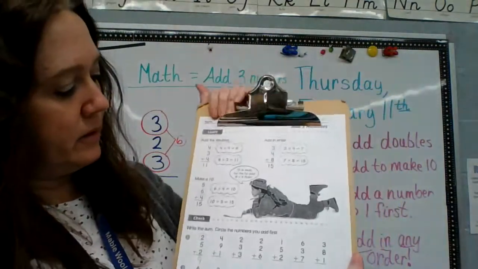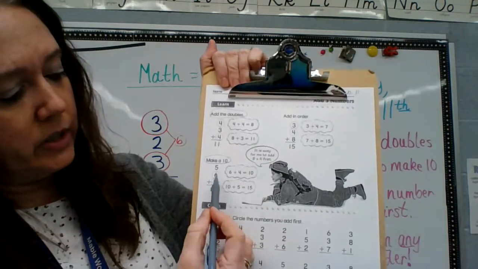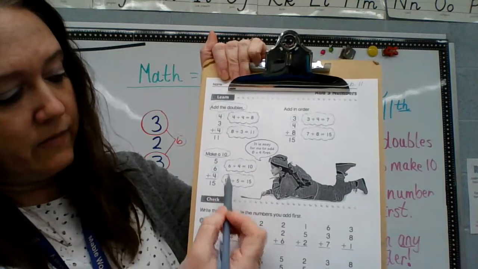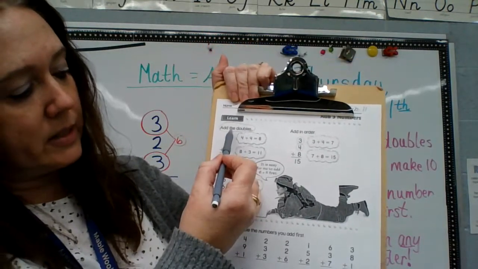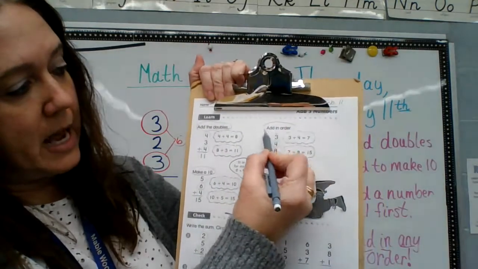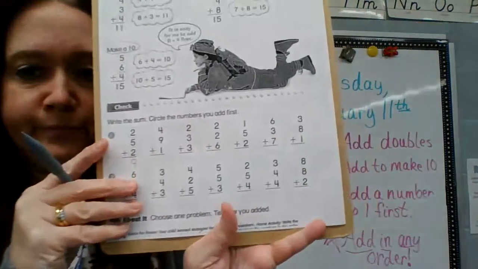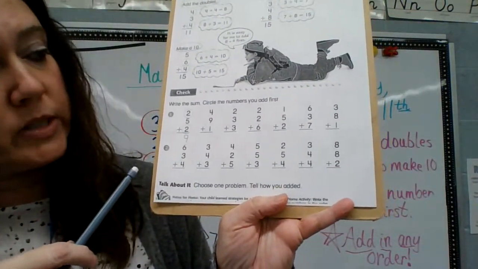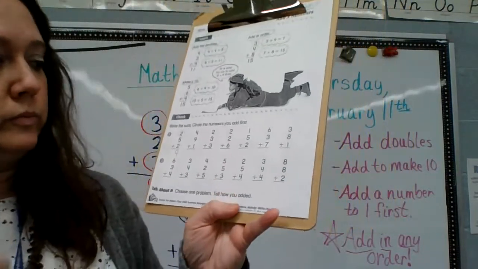The bottom, they added to make 10 first. 6 plus 4 is 10. And then they added 5 to it. 10 plus 5 is 15. So add doubles, make a 10, add in any order. At the bottom, you're going to circle the numbers that you add together first if you wanted to.